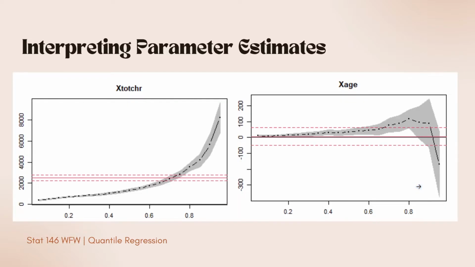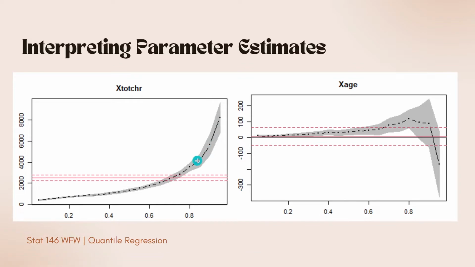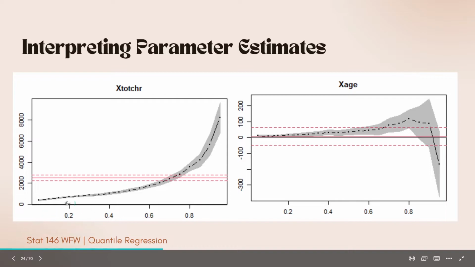So, ito ay yung graphs ng regression coefficients across the different quantiles. Yung black with gray ay yung coefficients and confidence intervals ng quantile regression model. And then, yung red ay yung sa OLS. And then, ito ay yung quantiles nila.